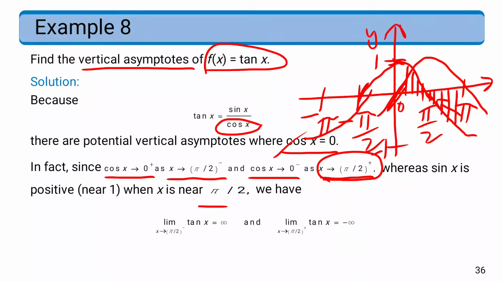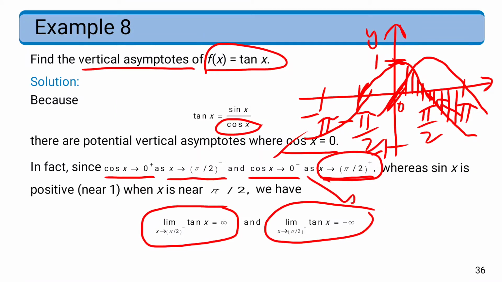So that's why we can conclude that when x approaches pi over 2 from the left, where we have seen that cosine is positive, we get very, very large but positive values. And as x approaches pi over 2 from the right, tan gets negatively large. These are the two conclusions that we can make.